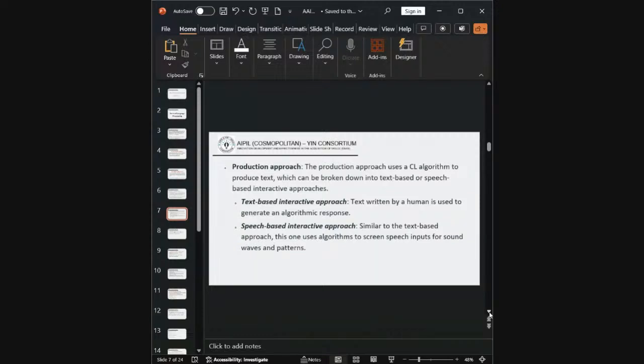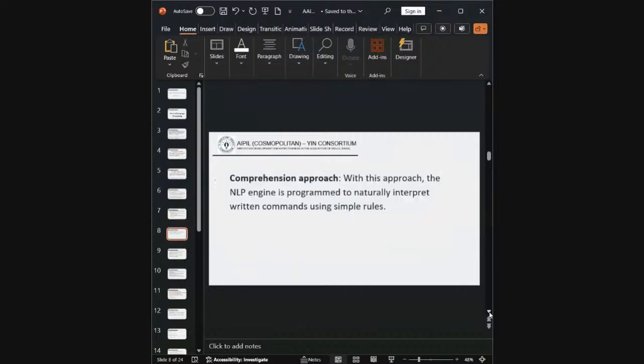Okay. And finally, we have the comprehension approach. In this particular approach, the natural language processing engine is programmed to naturally interpret written commands using simple rules. Okay, let me just finish this and I'll address that.